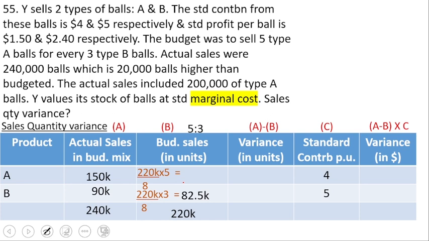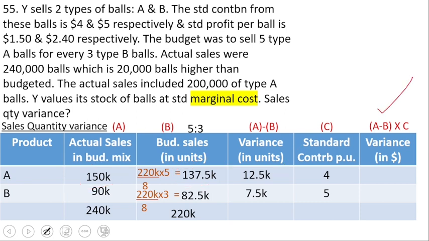And as for A, it's 220,000 divided by 8, that's 5 plus 3, multiplied by 5, which is the share of A. So we get 137,500 units. Now we just follow the instructions given on the top of the format. So it's A minus B, so it's 90,000 minus 82,500, so it's 7,500 for B. And as for A, it's 150,000 minus 137,500, so it's 12,500 for A.